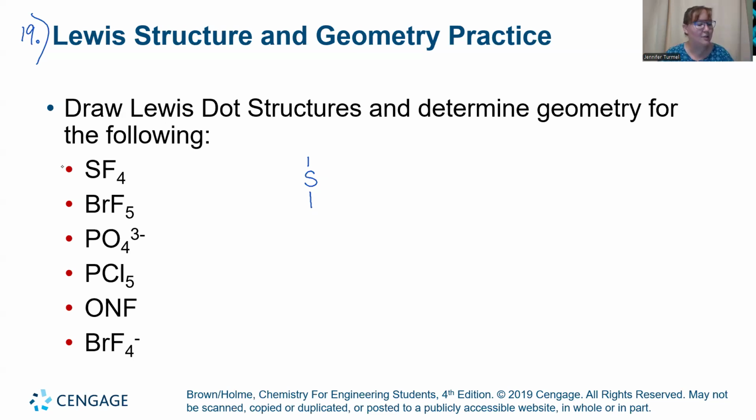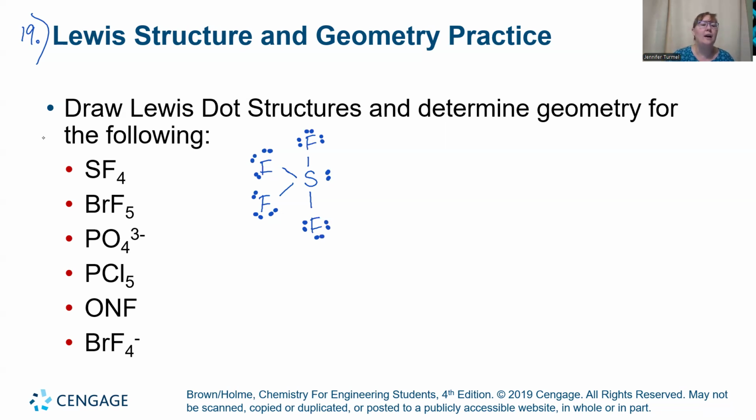I do have some notes. Okay. All right. And remember that it had the fluorines here like this. And then it had dots. And you'll see that what I did is I moved the 4 fluorines over so that I was making room for an extra lone pair, just like that.